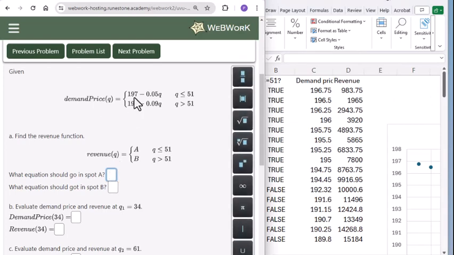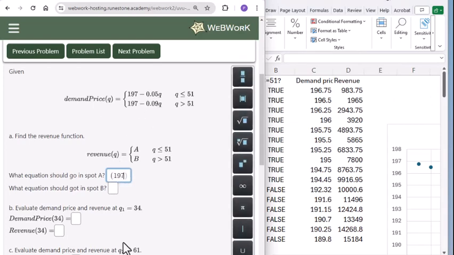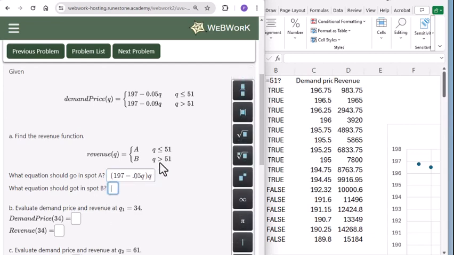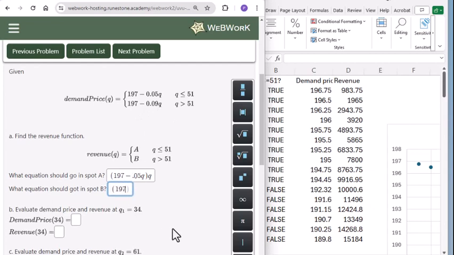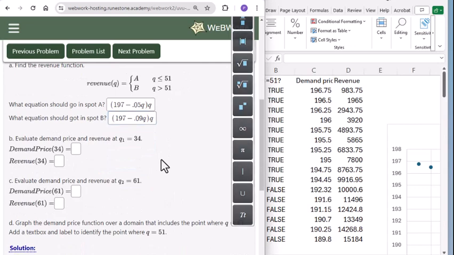And the formula should be this demand price, 197 minus 0.05 Q, times quantity. But for the other case, where the quantity is greater than 51, we have to change the price function to the second one, 197 minus 0.09 Q. That's price times quantity.